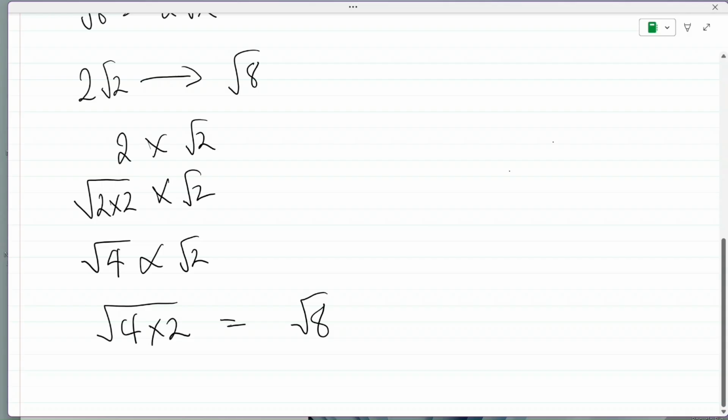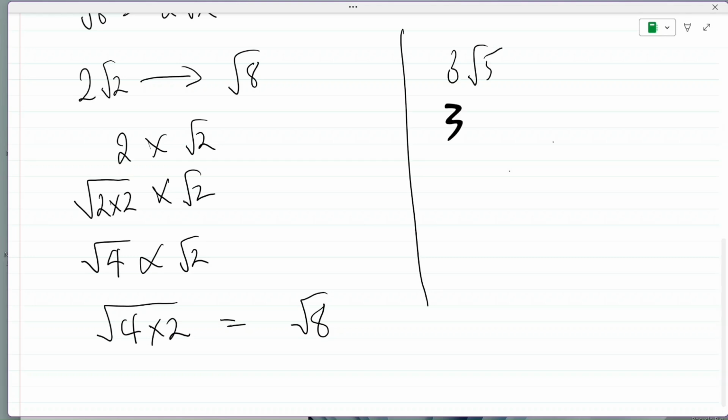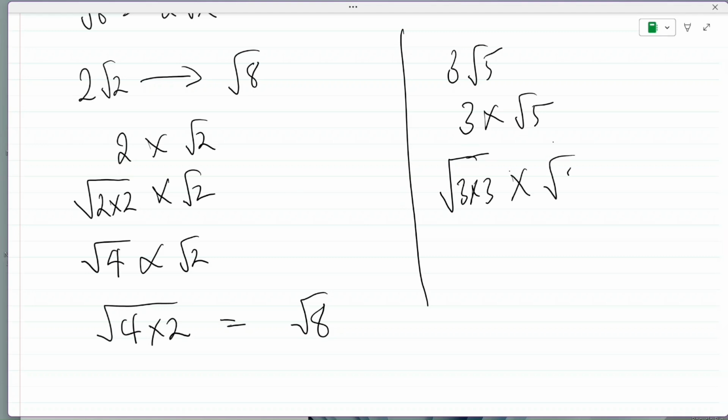Let's take another one. Let's say you have 3 root 5. You can have them as 3 times root 5. They are linked by times. Then to take the 3 into square root, you introduce a square root. Then you double the 3 and make them multiply themselves. 3 times 3, times root 5. You still have your times root 5. Then you have your root. 3 times 3 is 9, times root 5.